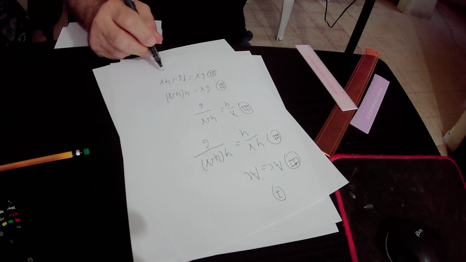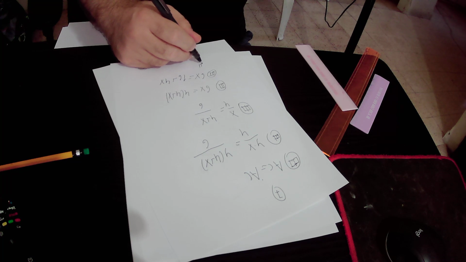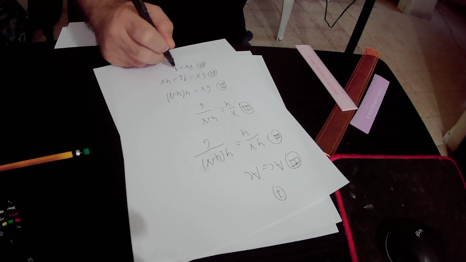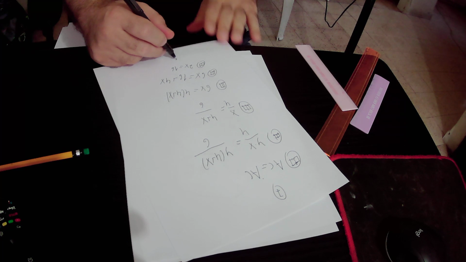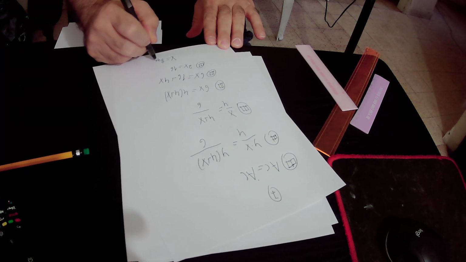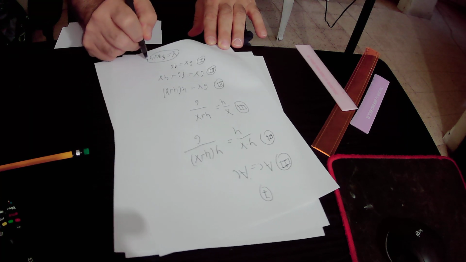We will subtract 4x from this equation number 3, and we will get that 2x equals to 16. Here we will divide this equality by 2, and we will get that x equals to 8 units.